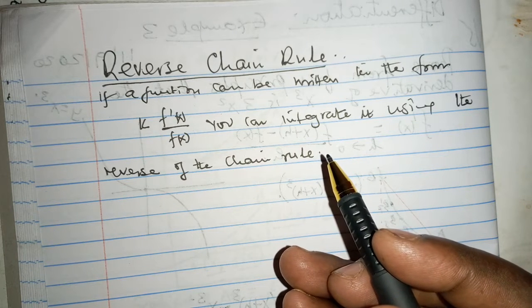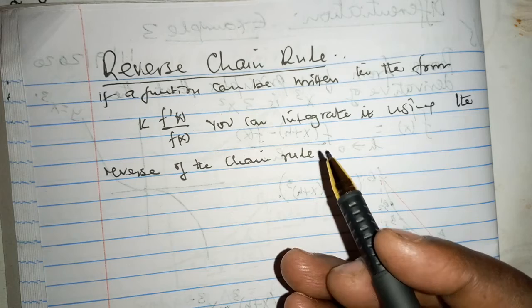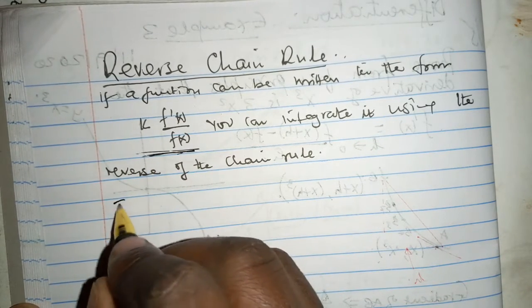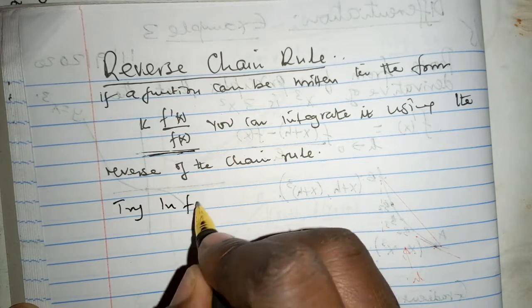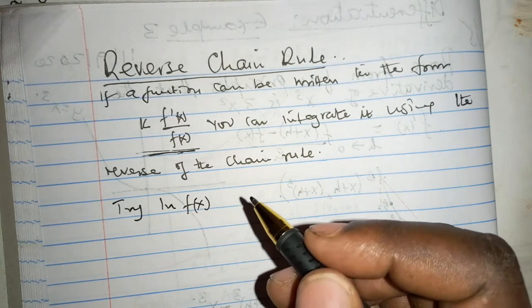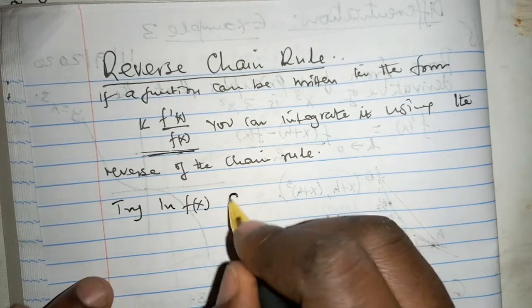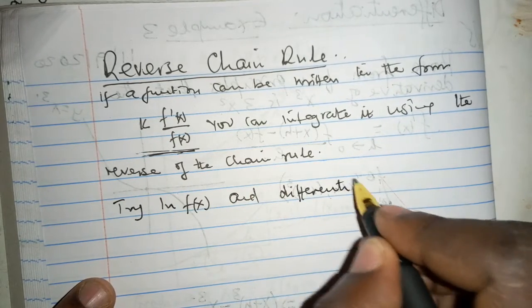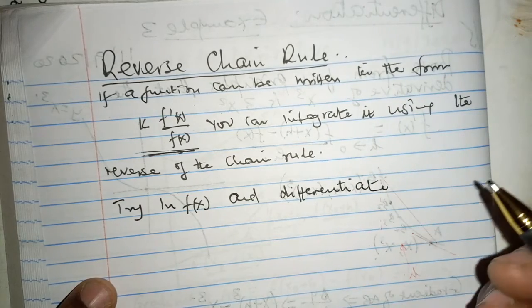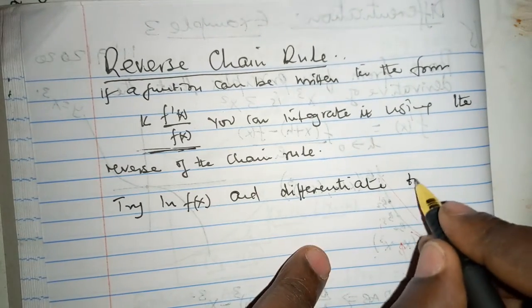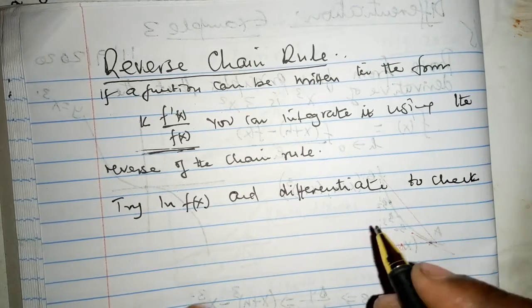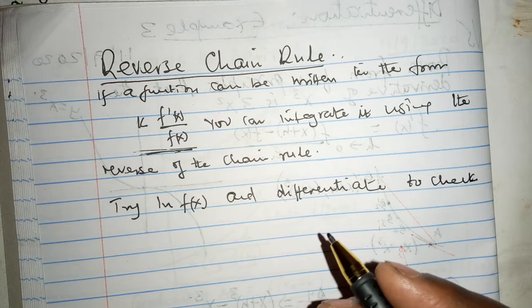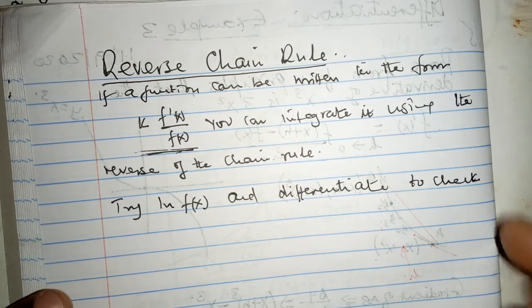To integrate expressions of this form, try ln f(x), and differentiate it to check, and then adjust any constant.